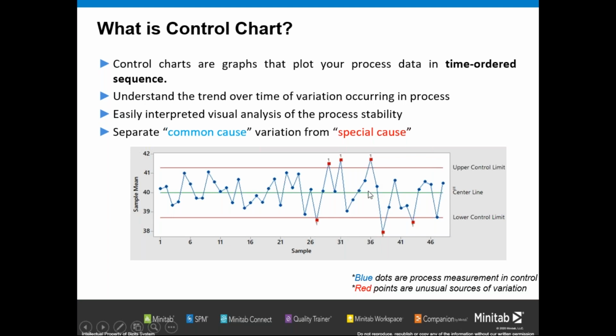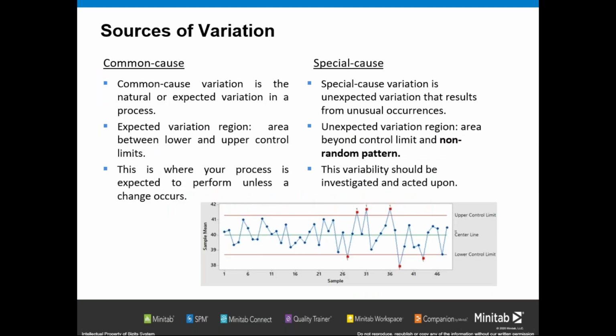Okay, so from the control chart, basically you can separate whether the variation is common cause variation or special cause variation. Sometimes, in a more informal way, we call it common cause variation, special cause variation. Okay, so let's explore what is a common cause and what is a special cause variation. Common cause is the natural, expected variation in our process.